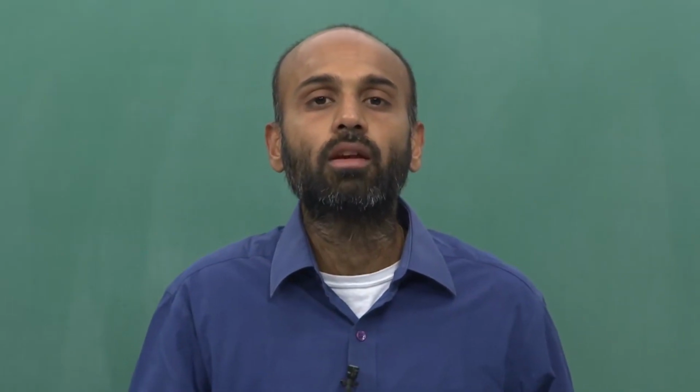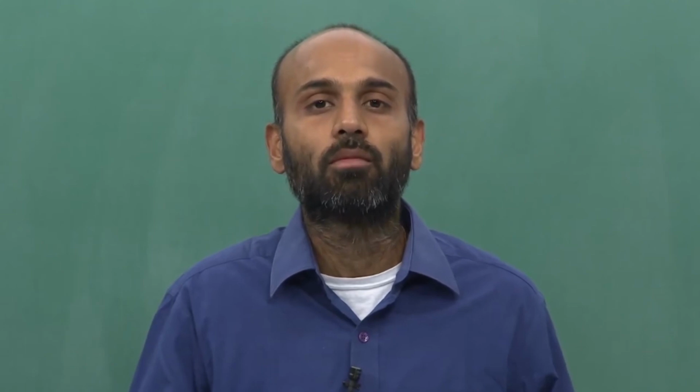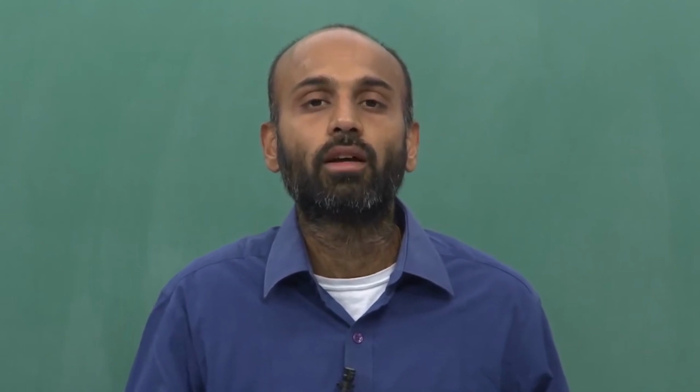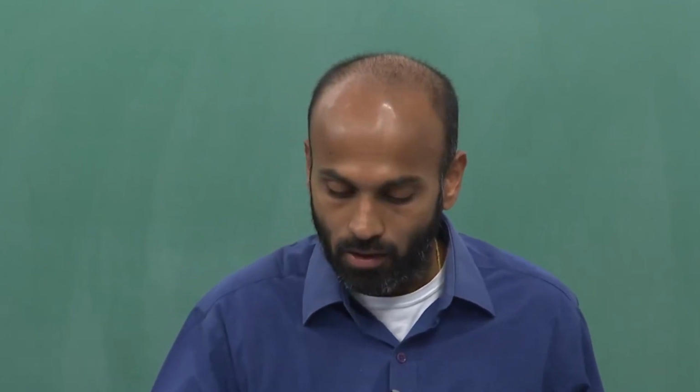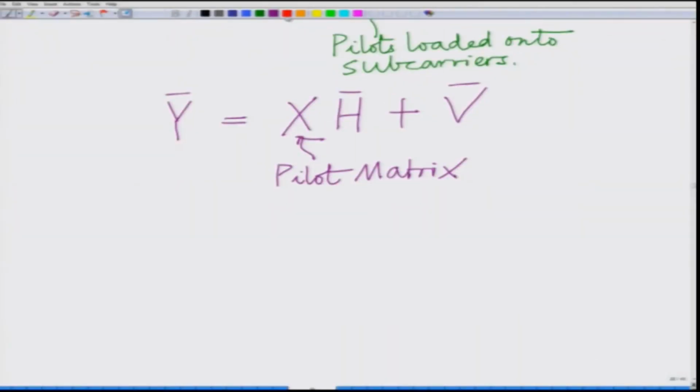And therefore now one can formulate the channel estimation problem, that is estimation of the coefficient vector capital H bar, as a least squares problem. It is going to be a very simple least squares problem.